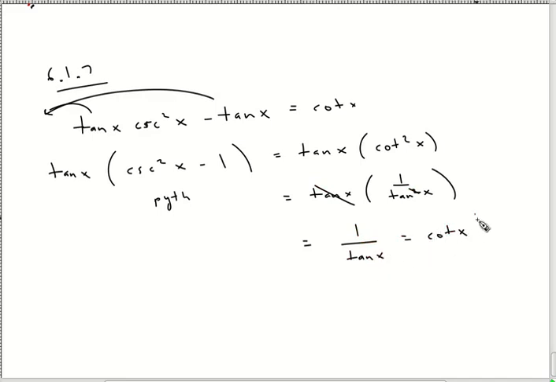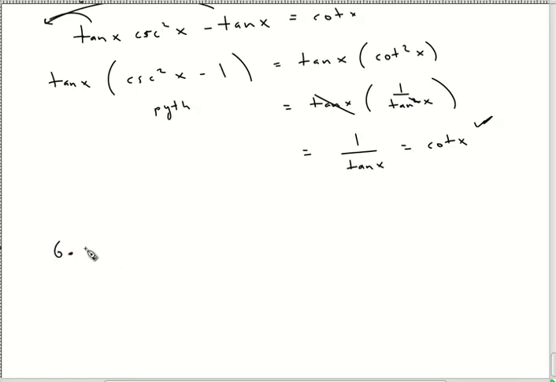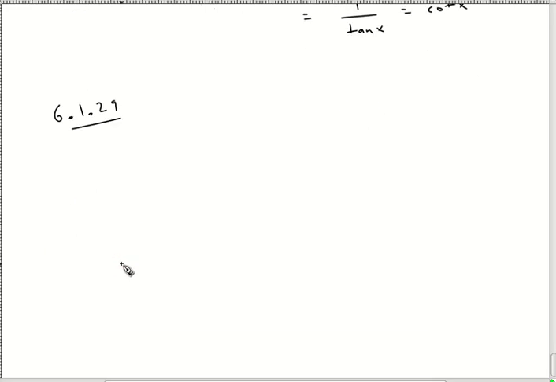I am really sure that my MyMathLab is not going to like this last little bit of steps right here. It's probably fine with this, but this thing right here is going to be like, so I don't know. That's just the way I see it, okay? Because I want to keep it as simple as possible. So let's keep going. Next one.